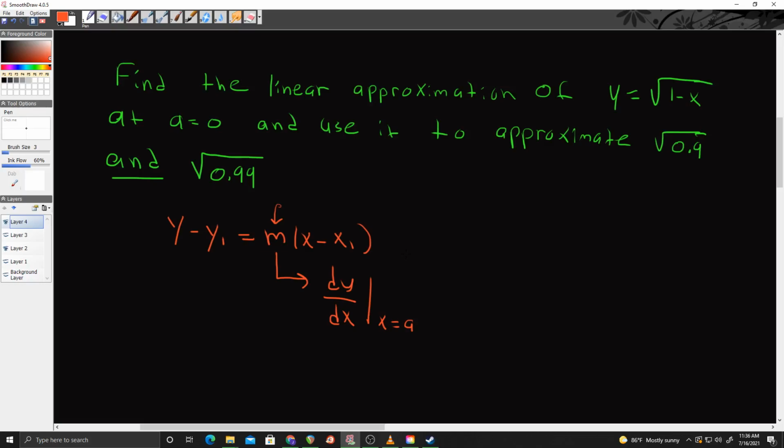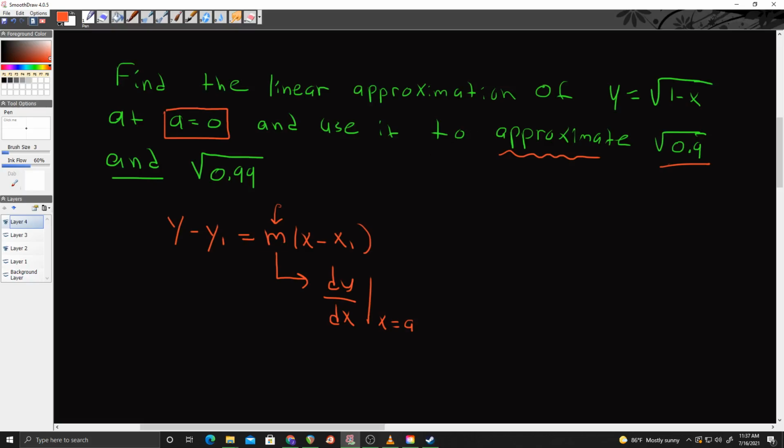We're always going to have some x value to center our approximation around, and then we're always going to use that to approximate something else. So those are the characteristics of a linearization problem. Once again, the derivative, an x value to center, and something to approximate. Okay, so let's jump right in.